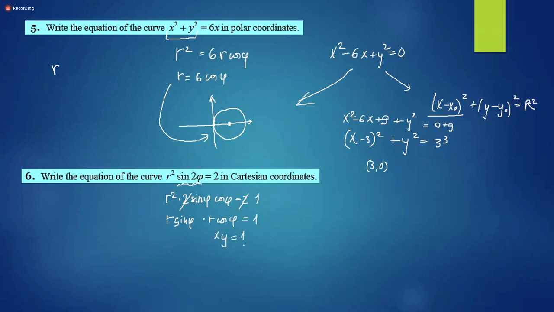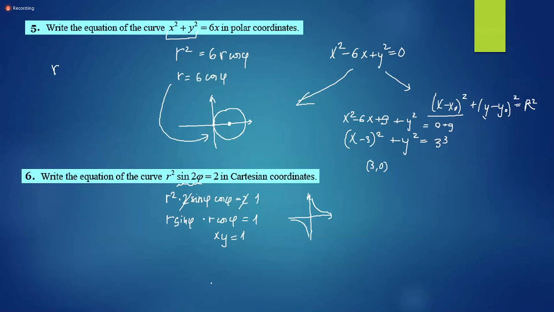This is a hyperbola. So in this case, we see the Cartesian equation is simpler for this curve. The hyperbola of this type, xy equals 1, should be familiar from school. In this case, the Cartesian version is simpler, easier to understand and easier to use.